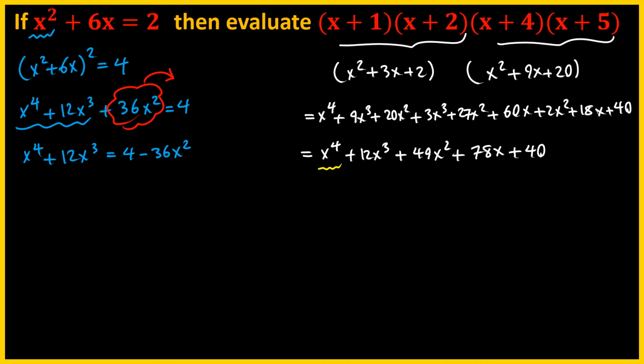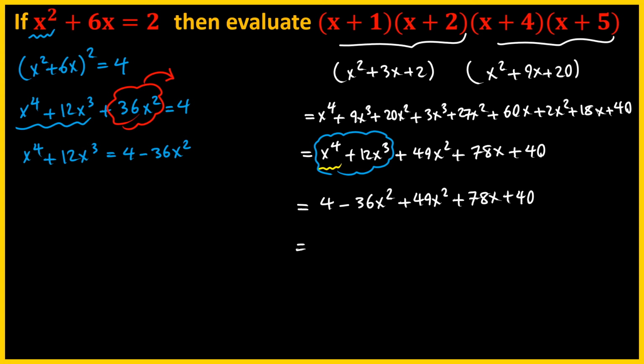And the reason I did that is I can replace this expression with that quantity. I can say this equals 4 minus 36x squared plus 49x squared plus 78x plus 40. And then if we simplify this, if we combine like terms, we should get something like this.